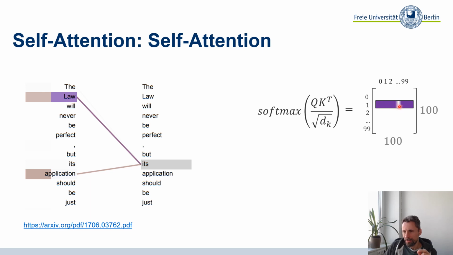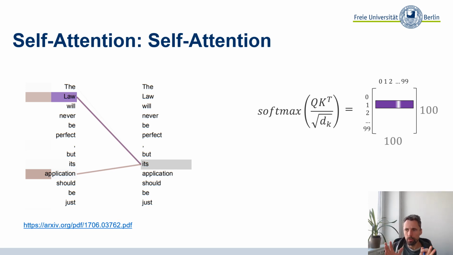Maybe this bright bar here is the 1 in the otherwise 0 vector, and this corresponds to which input token attends to which other input token. This brown encoding here is something else; I'll come to this a couple of slides later.